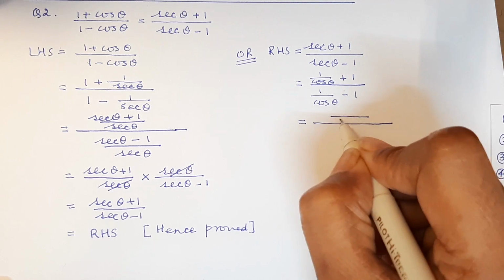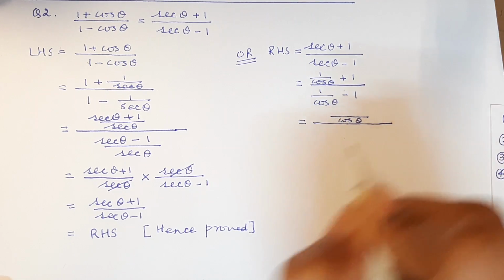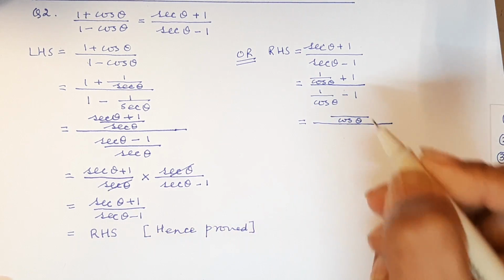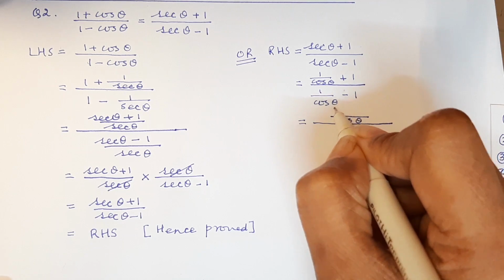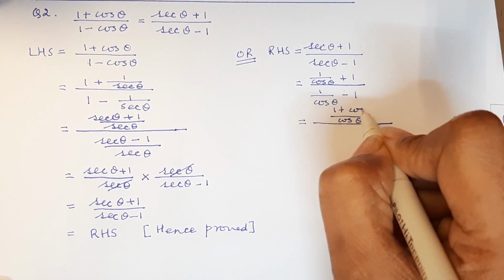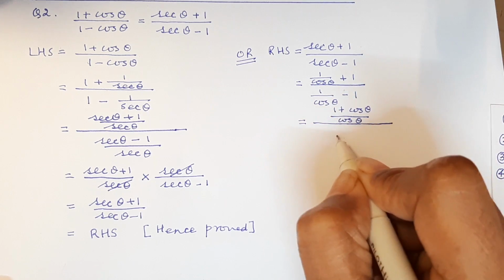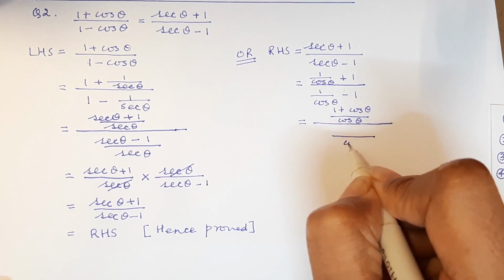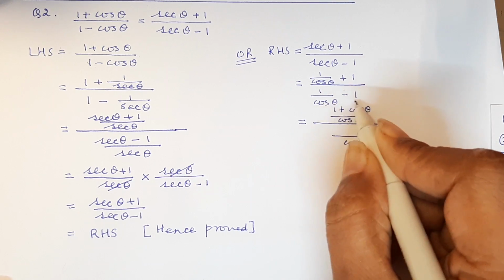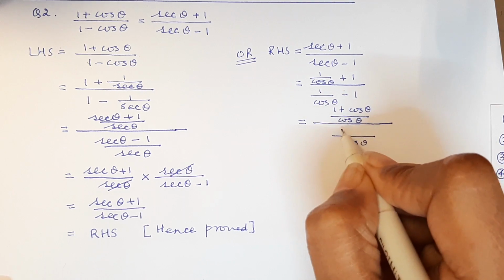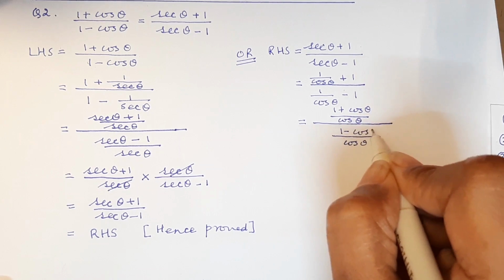So now when you are taking the LCM, in the numerator you'll get 1 plus cos theta, and here in the denominator I'll take again cos theta as the LCM, and I will get 1 minus cos theta.